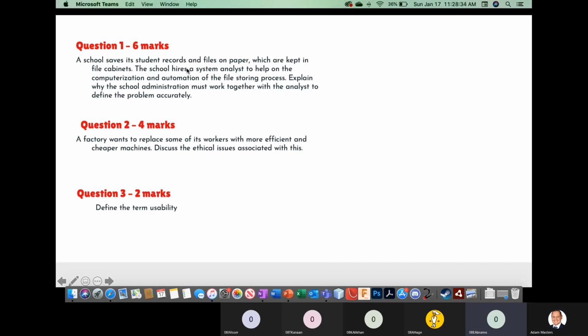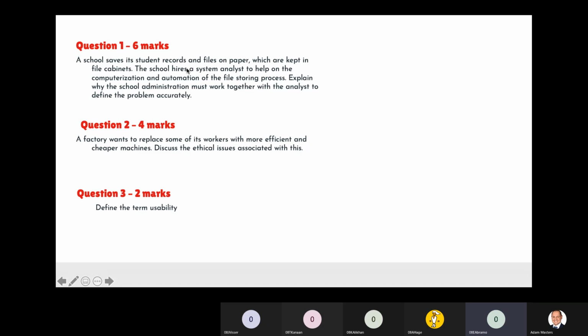A school saves its students' records on paper, which are kept in a file cabinet. The school hires a system analyst to help with the computerization and automation of the file storing process. Explain why the school administration must work together with the analyst to define the problem accurately. It's the same reason why we have to talk to our clients, right?